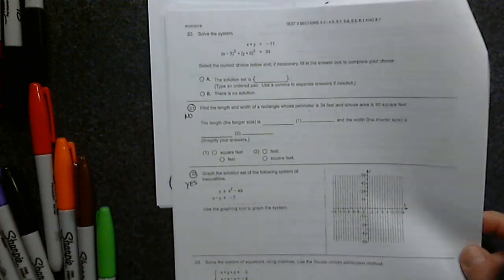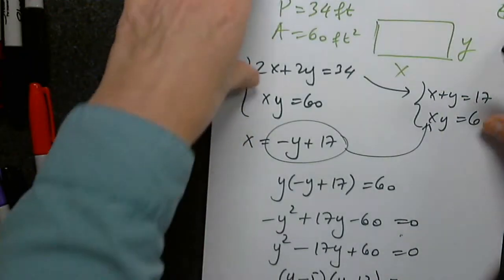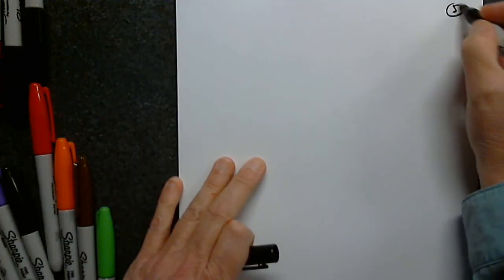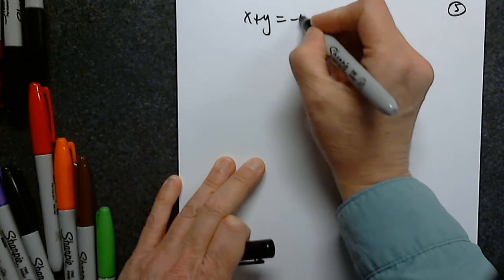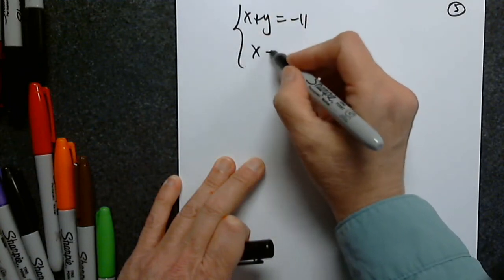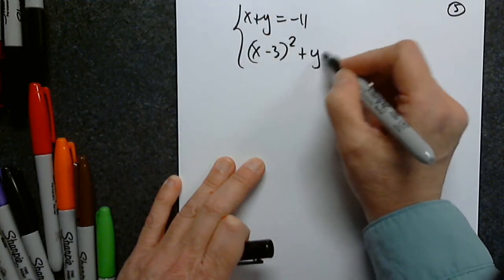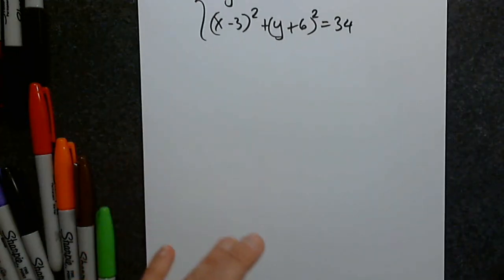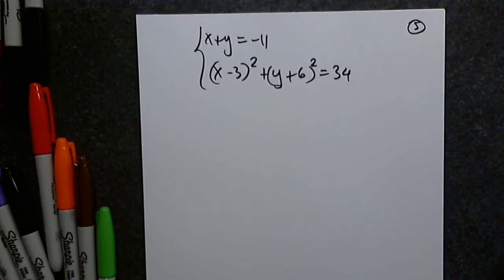So we have another system. X plus y equals negative 11. And then x minus 3 everything squared plus y plus 6 squared equals 34. Again, we have no choice here.